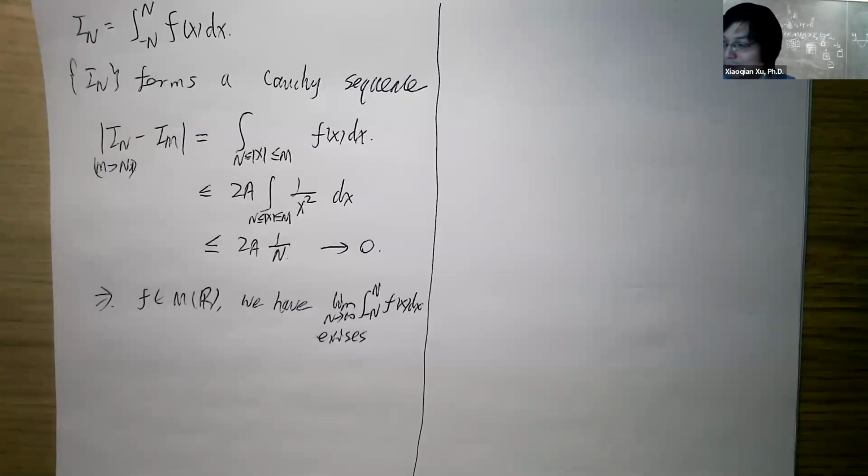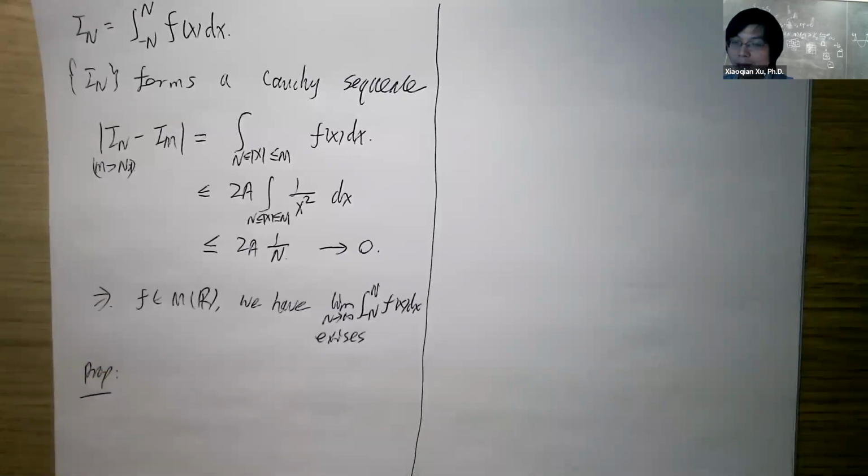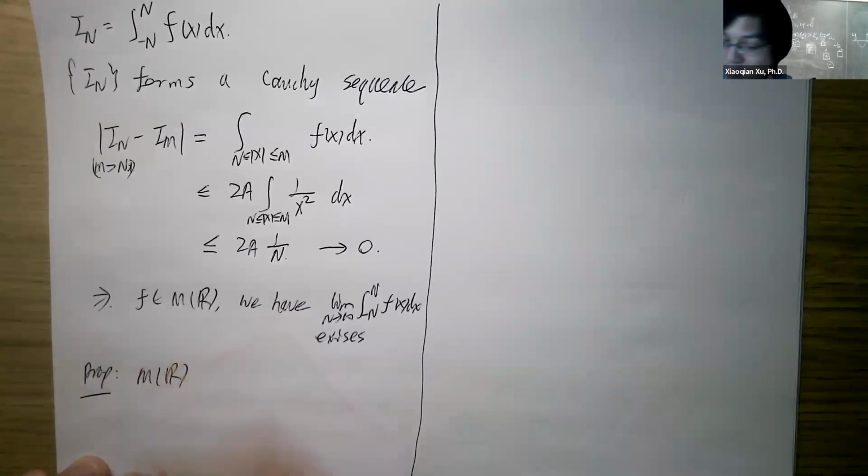And some basic property about M_R, the moderate decreasing function, is that M_R forms a vector space, which means if you have two functions and they are both in M_R, then the addition or the linear combination of these two functions is still in M_R.